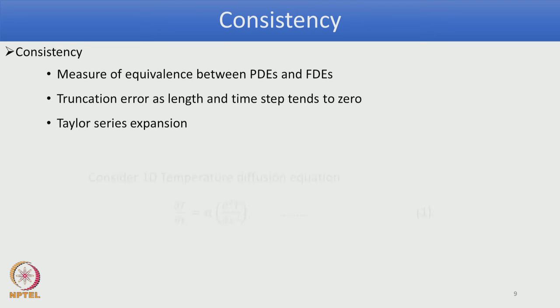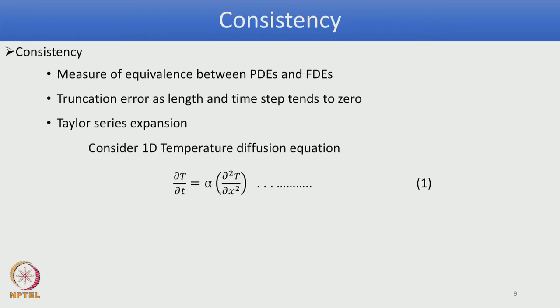So, we know the Taylor series expansion. We take the example of the one dimensional temperature diffusion equation, which is given here: dou T by dou t, where T capital refers to temperature, equal to alpha dou square T by dou x square. Now, by Taylor series expansion we can separately write the time derivative and the second order spatial derivative.